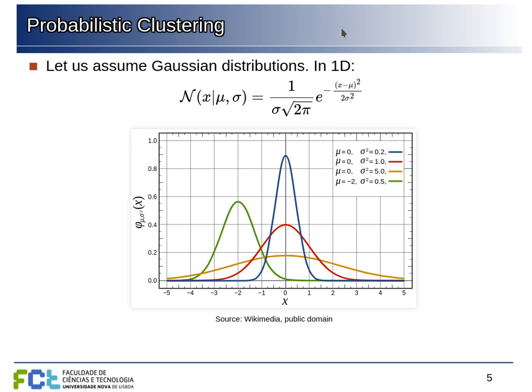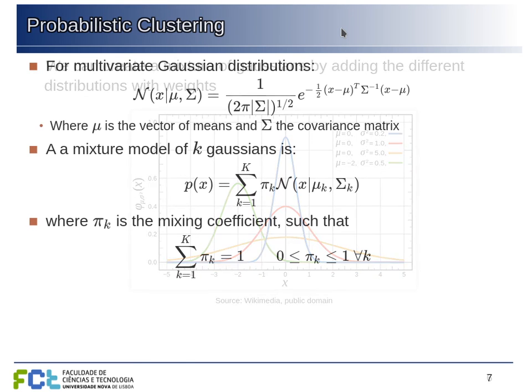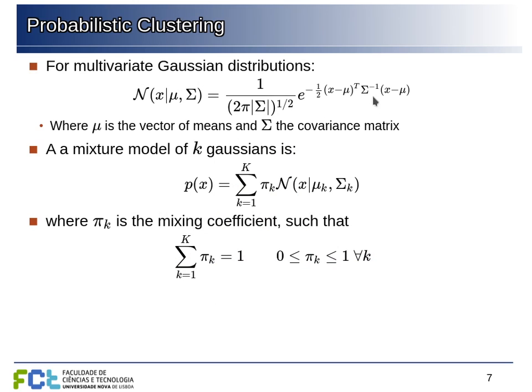If we go into higher dimensions, not in one dimension, but in n dimensions, this becomes a bit more complex. We have to consider this covariance matrix sigma here, which basically is a matrix that gives us the shape of this Gaussian distribution in all the different dimensions. But the idea is the same.